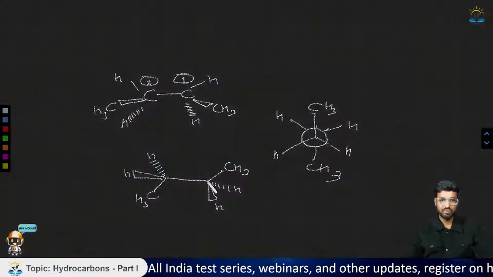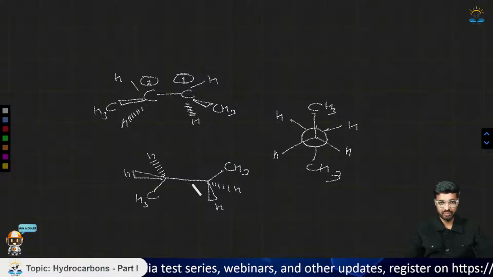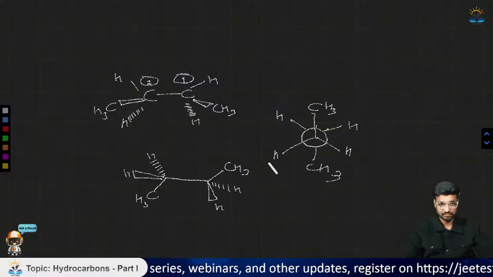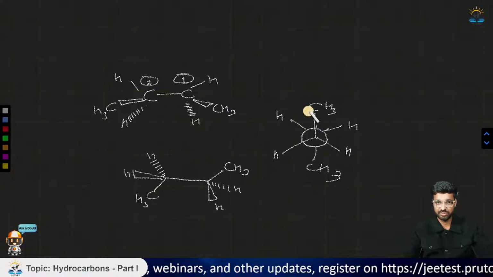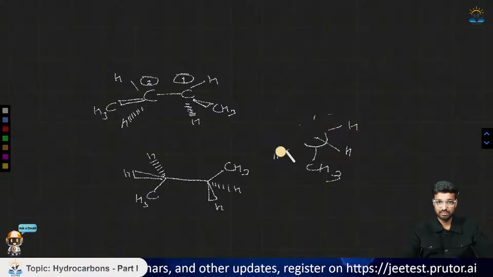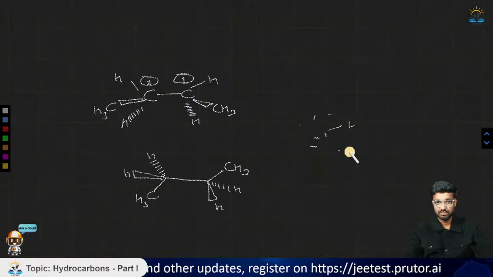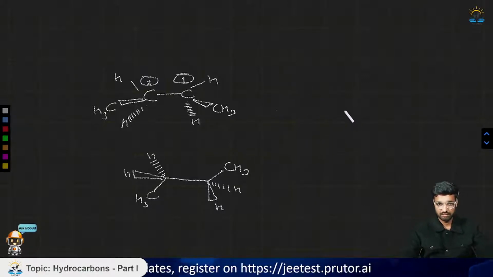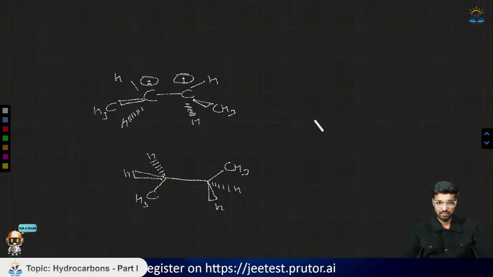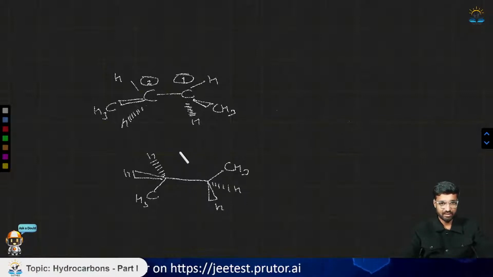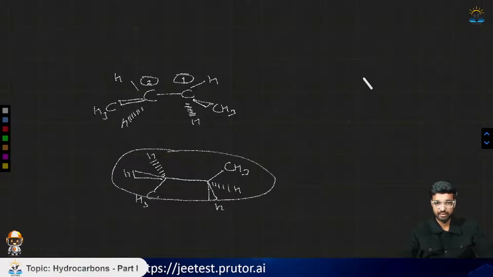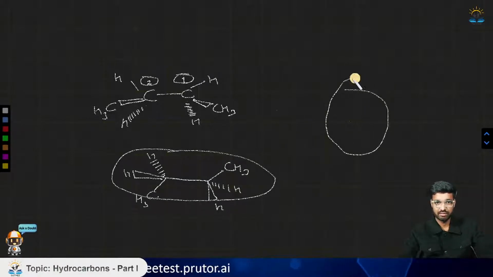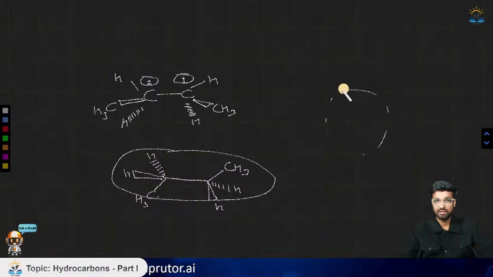Now if you want to convert this one into the Fischer projection, how will we do it? So let us do this. First of all, I will write this one in this way.